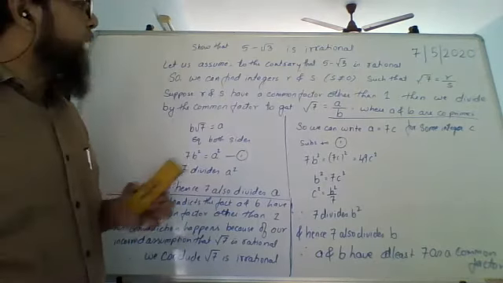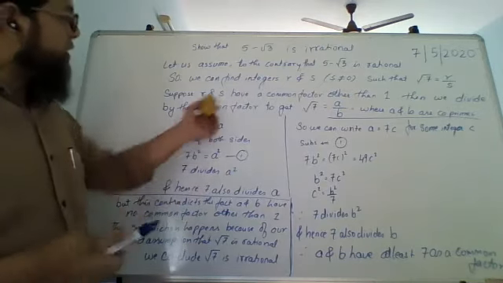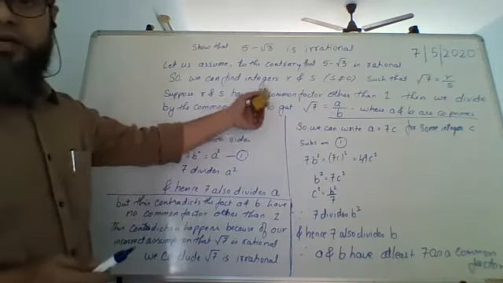Now I'm directly going to jump to saying we can find co-primes, instead of saying find this and then take the common factor and divide it.